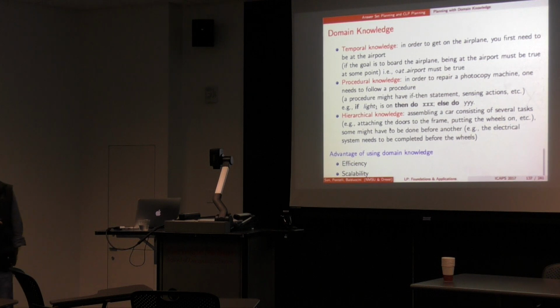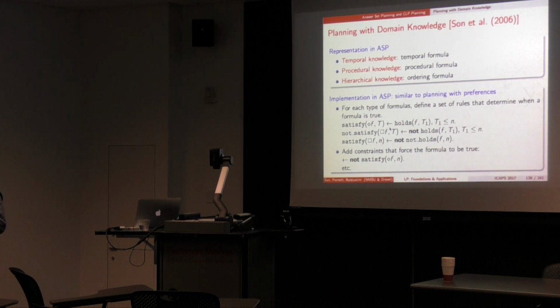But not many systems were able to exploit this type of domain knowledge. So the advantage of using domain knowledge in planning is, one, efficiency, and the other, scalability. We did experiments with these ideas in ASP, and it gave us the same kind of result here.